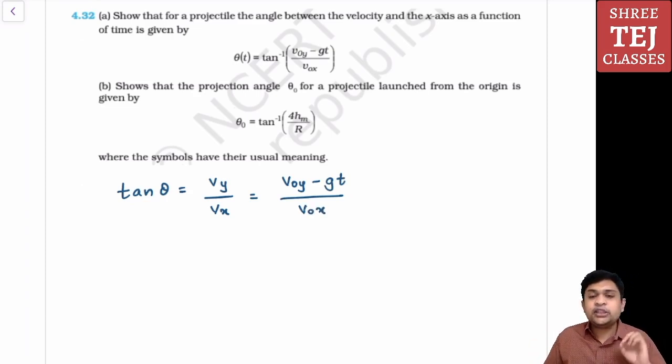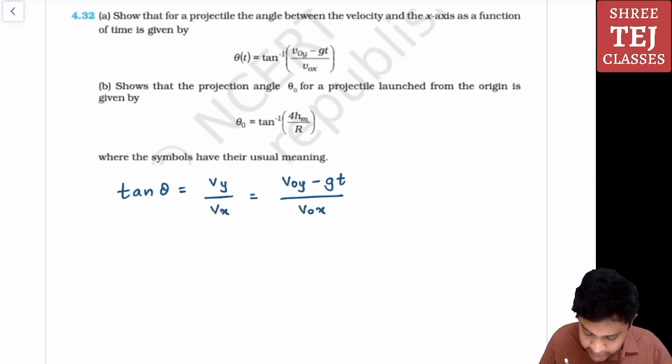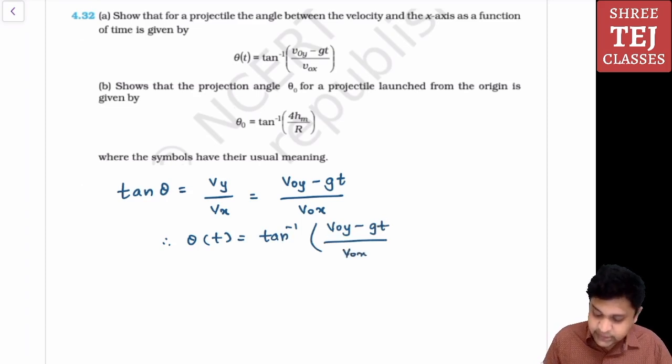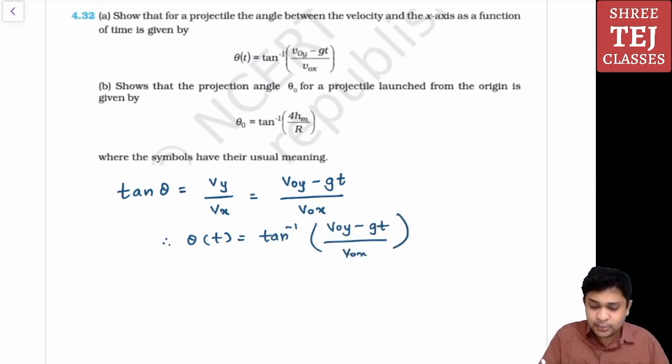Velocity in the x direction in projectile motion does not change. Therefore we get theta as a function of time is tan inverse of (v0y minus gt) upon v0x. As simple as that. Straightforward. Nothing else to do.